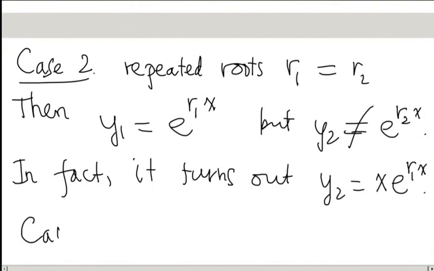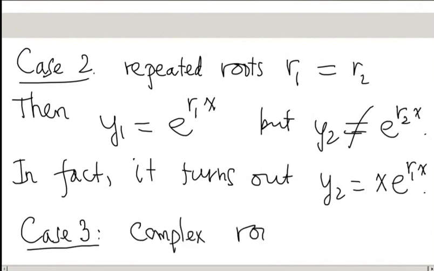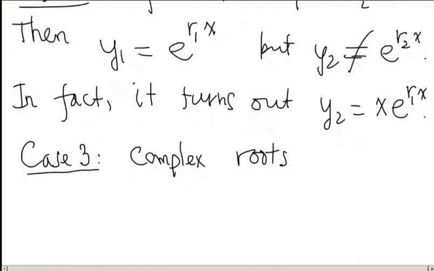The last case is when we have complex roots. In this case, we won't be able to factor, but we need to use the quadratic formula, and it turns out we need to take the square root of a negative number.